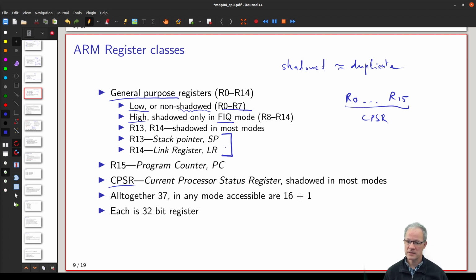Then there is this link register. That register is being used when we call a subroutine, when we call a function. We need to know how to go back, right? So if we have memory here, RAM, and this is our program here, and we have gotten this far, and now we want to call this subroutine, this function, and now here there's this return at the subroutine.